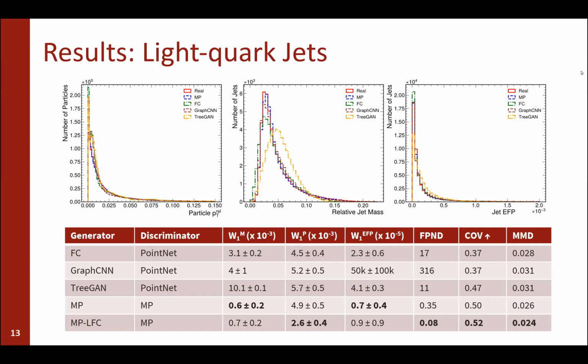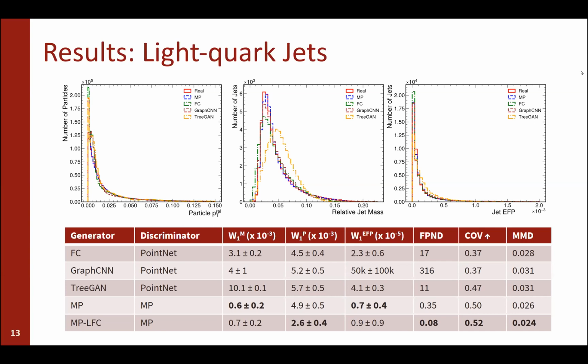But if you see in the paper, you can mix and match. You can use the MP generator with the PointNet discriminator or any generator with any discriminator. And then you will see that all of these results are not good either. The only thing that really blows everybody out of the water is message passing on both sides.